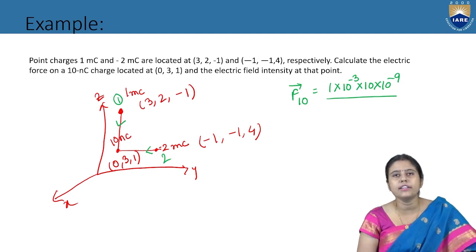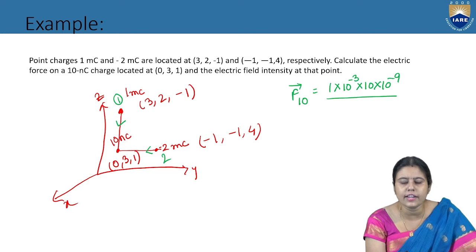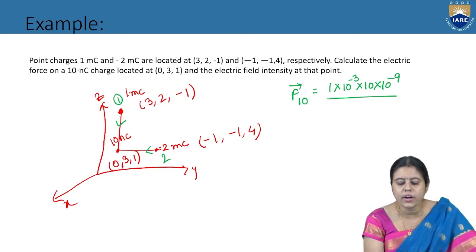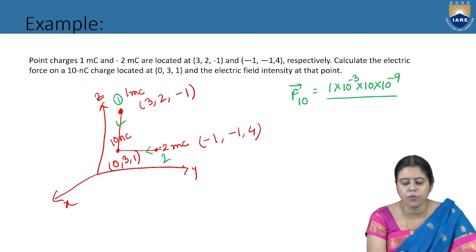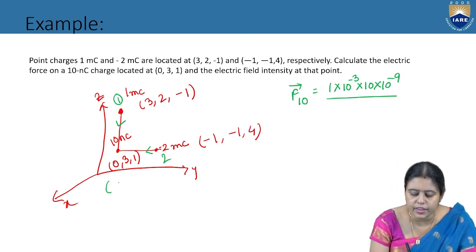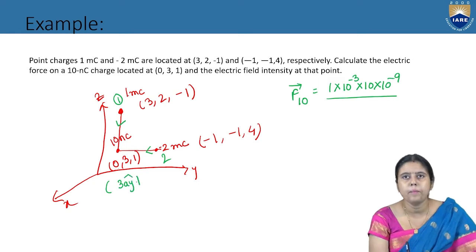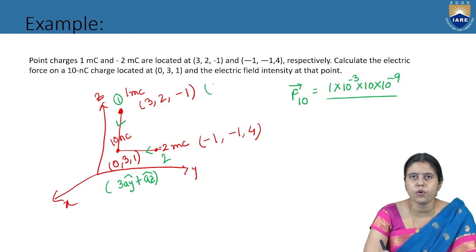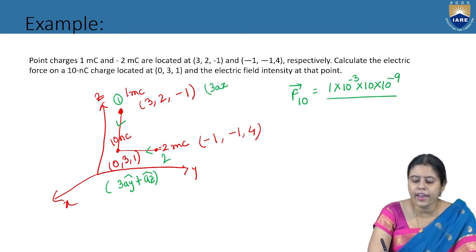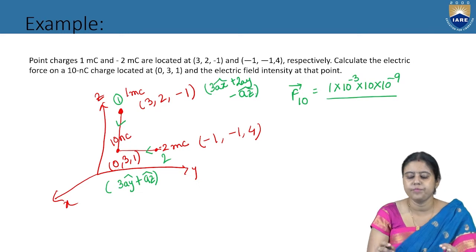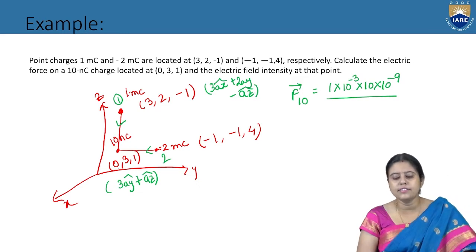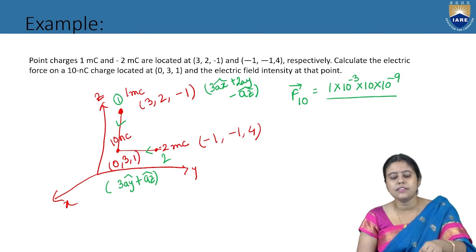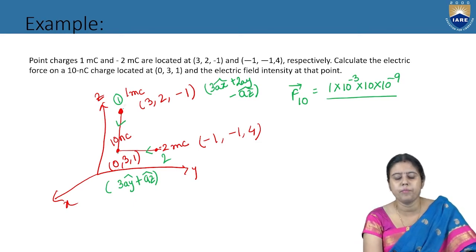Now we have to calculate R. When calculating R, we have to think about what the starting point is and what the end point is. The end point is 0, 3, 1, so it is 3 AY plus AZ. The starting point is 3 AX plus 2 AY minus AZ. The formula for the distance vector is end point minus starting point.